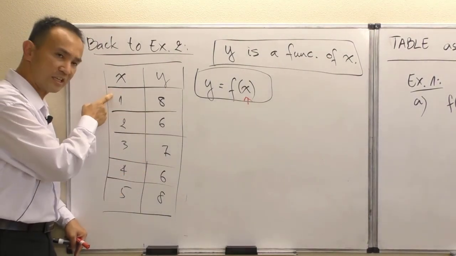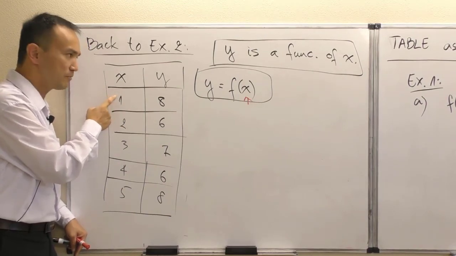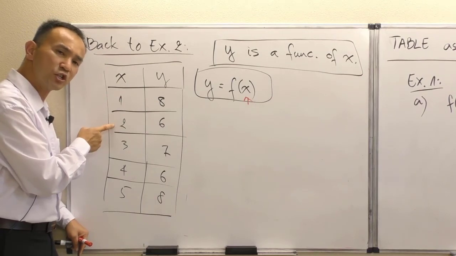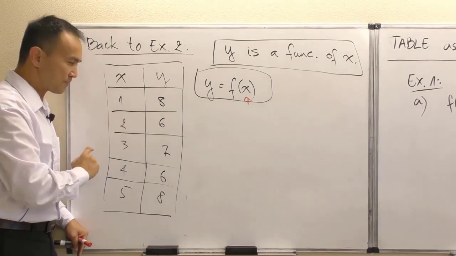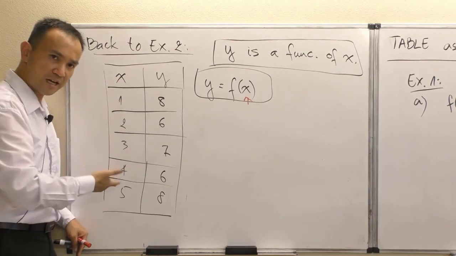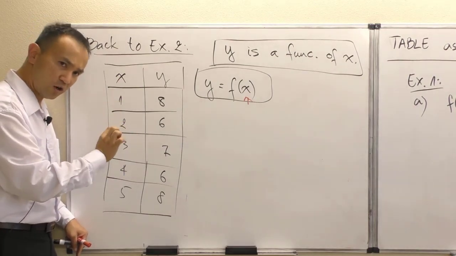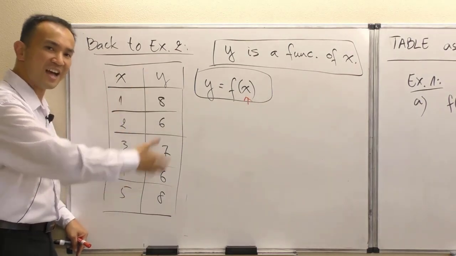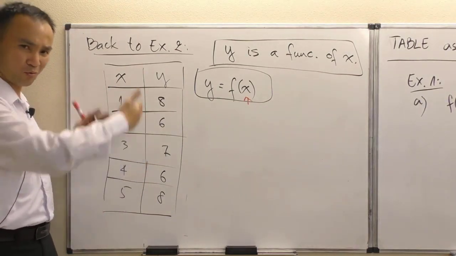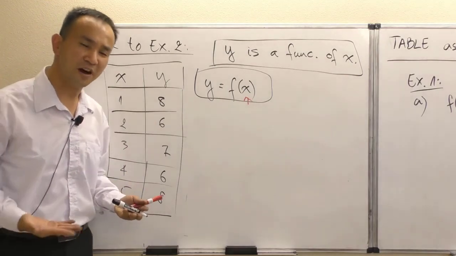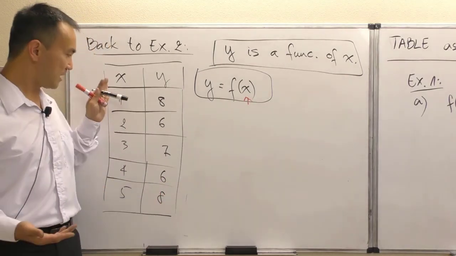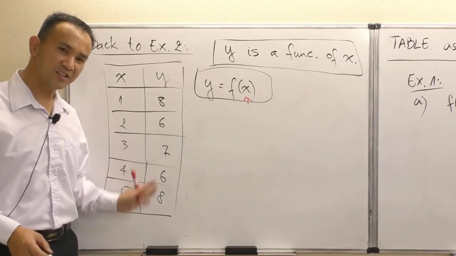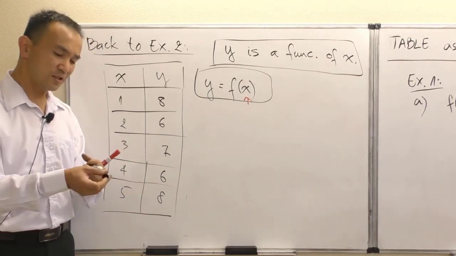Anytime the function takes input 1, it gives you output 8. Anytime the function takes input 2, it gives the output 6. So it was the table that defines the rule of the function. But once we are done, the table itself is a way to represent the function values, inputs and outputs correspondingly, and it gives us a sense of organizing the values in a certain order.